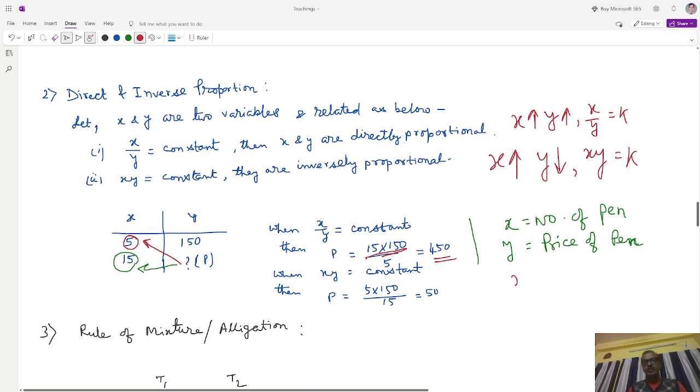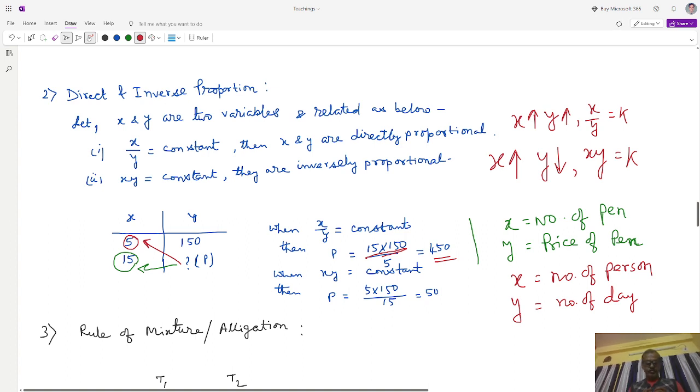If we take x equal to the number of persons and y equal to the number of days, if some persons are given a piece of work, then when the number of persons increases, the number of days will be increased or decreased?